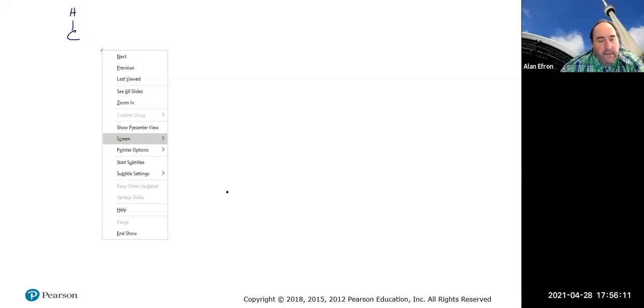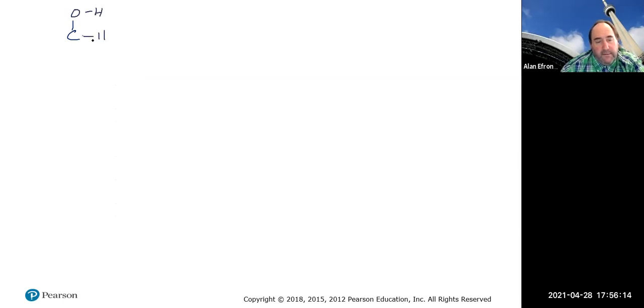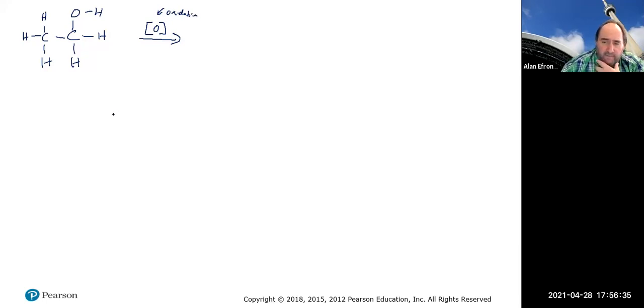And this is our, again, primary alcohol. When we do an oxidation reaction, sometimes they just put a little O in some brackets, and that basically stands for oxidation. And the definition of oxidation that we're going to use in these alcohol reactions is the loss of H2.